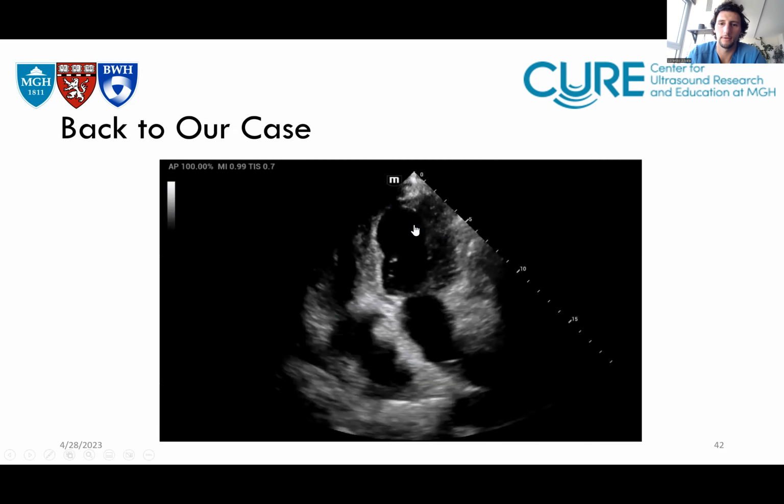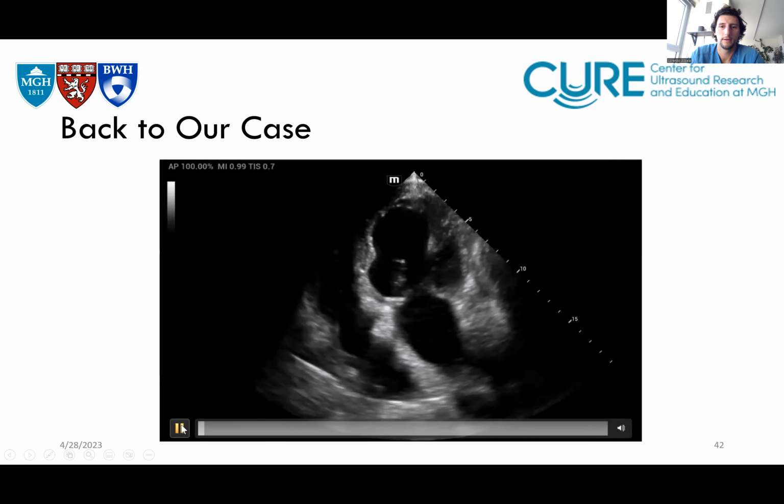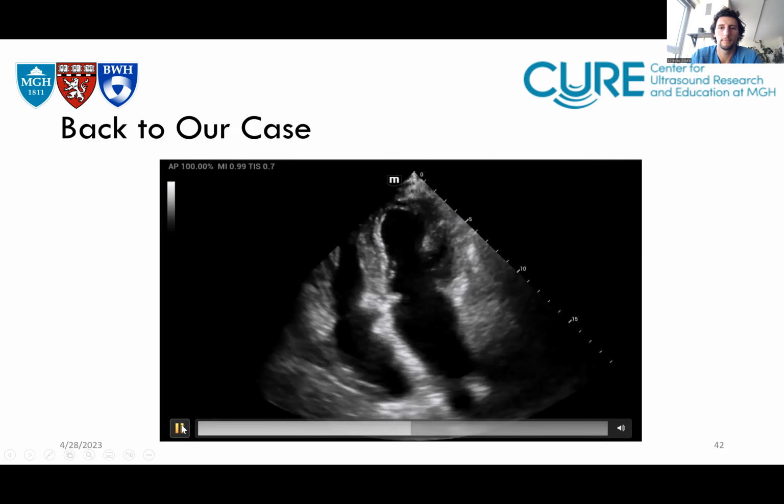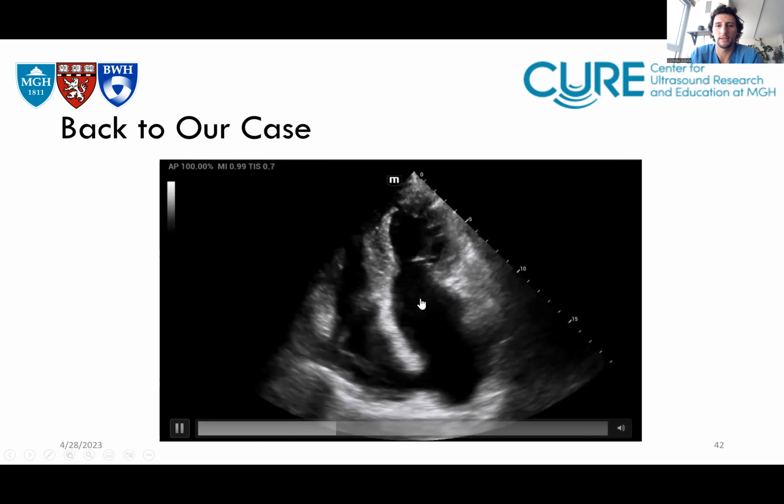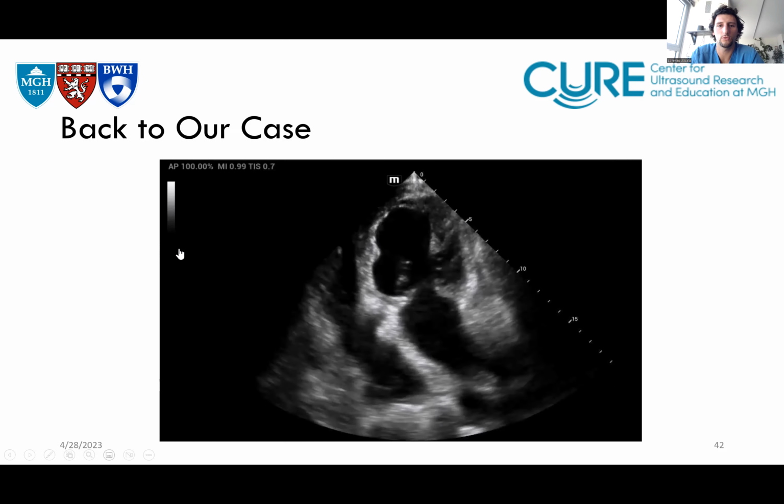We'll go back here. Hold on. Now you look back at that valve a little more closely, and you can see this valve leaflet just kind of swinging in the breeze.